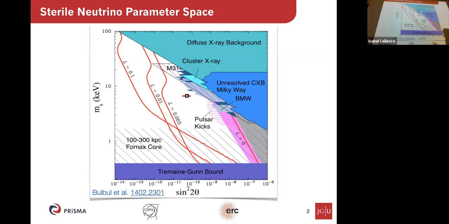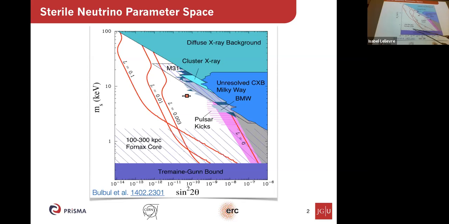But at least in 2014, it wasn't entirely clear if this recoil from the asymmetric, anisotropic neutrino emission is enough to explain the large observed velocities at which some pulsars are shooting through the galaxy. And so the idea was, if there were sterile neutrinos, then along with the active neutrinos, the nascent neutron star would also produce sterile neutrinos. And they have a larger mass, so they give it even more recoil. And that would increase the predicted pulsar kicks.